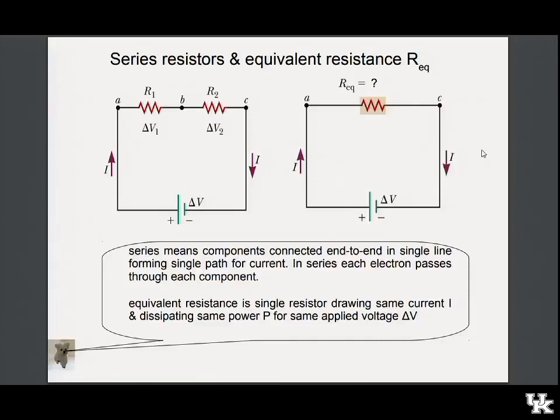If you apply the same voltage to the equivalent resistor, it also dissipates the same power as the circuit involving the two individual resistors. So that's what we mean by the equivalent resistor. It's a useful concept, and we're going to see how to calculate that equivalent resistance and work with it.